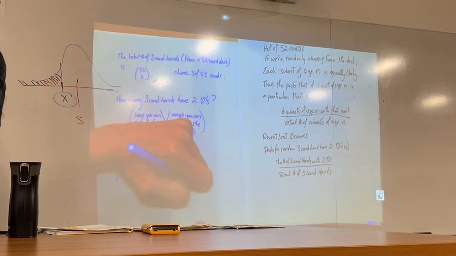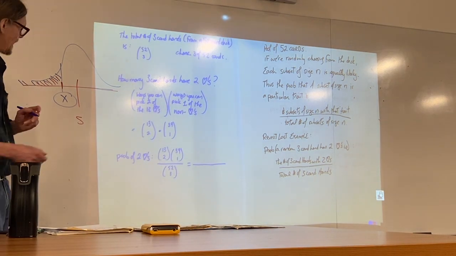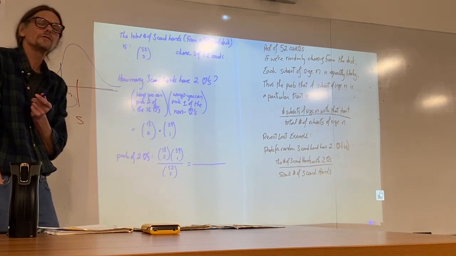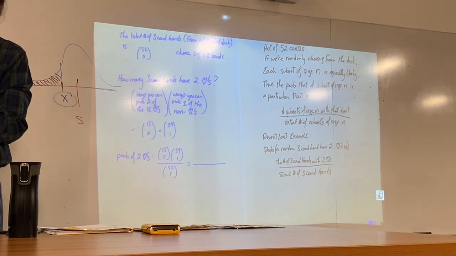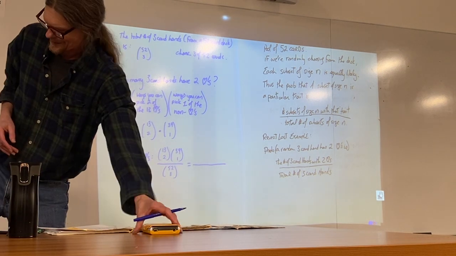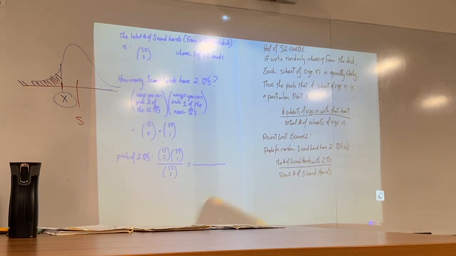Let's see, that denominator, let's see. 13 choose 2 is 13 times 12 divided by 2. 13 times 6 is 13 times 10 plus 8, what am I trying to do here? 13 times 6, I think, is 78. Am I right? 78, yeah.